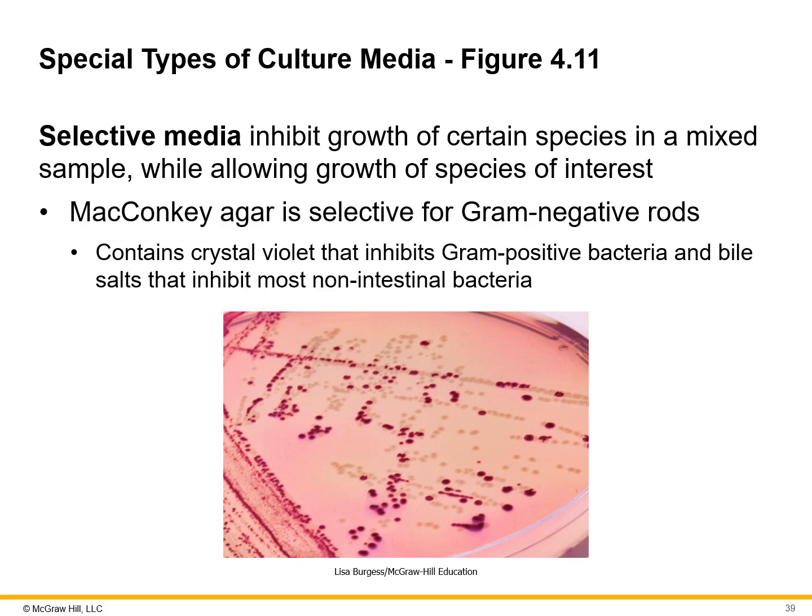So if we're getting a sample from a patient, we may want to inhibit the growth of bacteria that we know never ever cause disease. And that way, the only thing that is growing are the ones that can cause disease, and then we would examine those. Your book talks about McConkey agar. Your book also mentions Thayer-Martin agar. And Thayer-Martin agar is a media that is really important when you are trying to ascertain whether your patient does have a Neisseria gonorrhea infection, because it contains several antibacterial, antimicrobial drugs that will inhibit a bunch of bacteria, but the majority of the gonorrhea strains are actually immune to it.